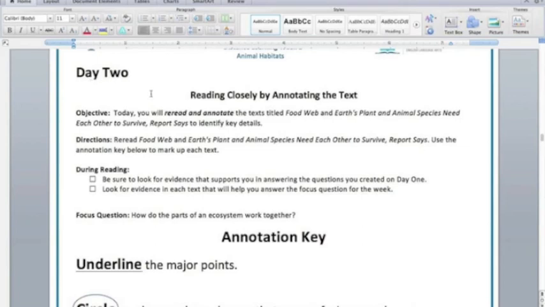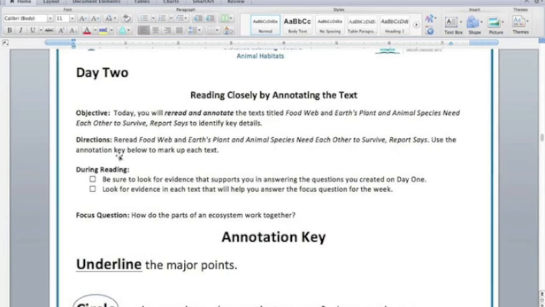Day 2. Reading closely by annotating the text. Objective. Today, you will reread and annotate the text titled Food Web and Earth's plant and animal species need each other to survive, report says, to identify key details. Directions. Reread Food Web and Earth's plant and animal species need each other to survive, report says.